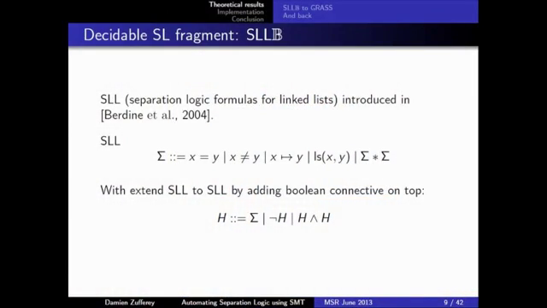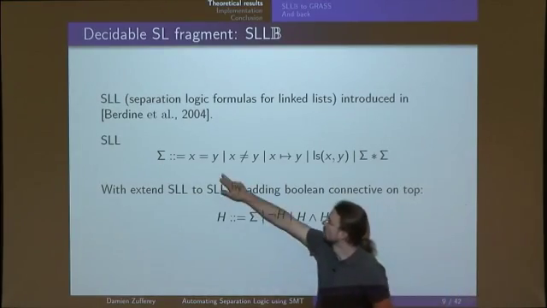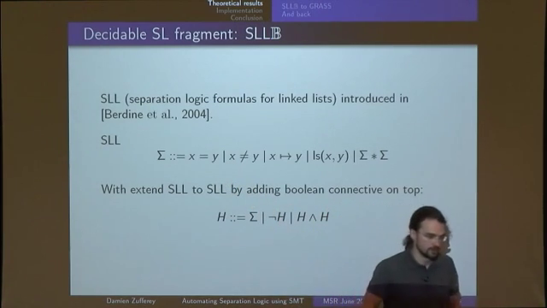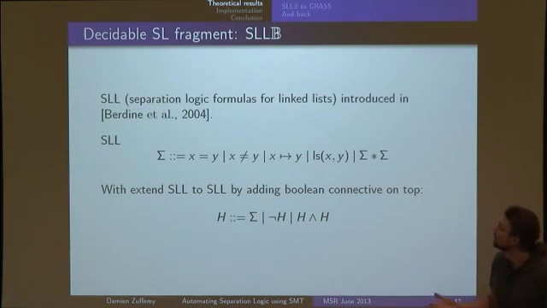So first, what is this decidable fragment of first order logic we are looking at? It was introduced by George Bird and his collaborator in 2004. So it's separation logic formulas for singly linked lists. Basically, a formula can be equality and disequality of variables.